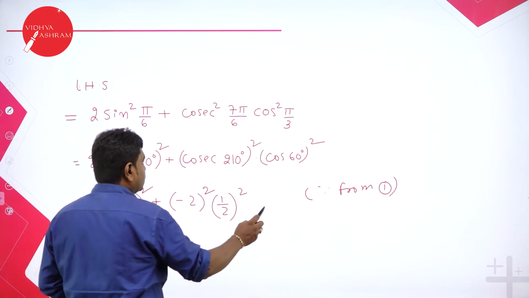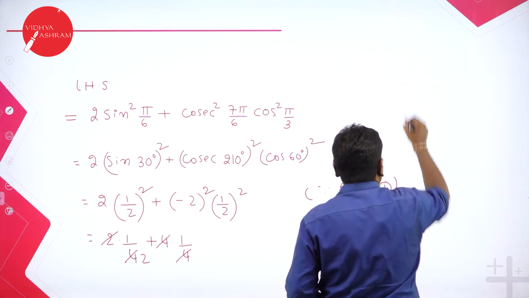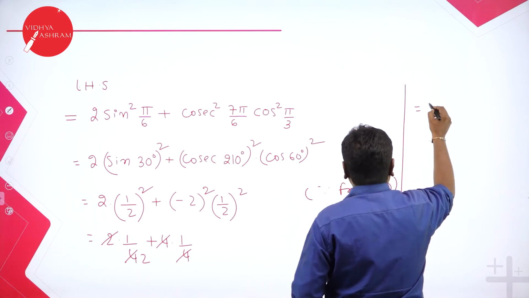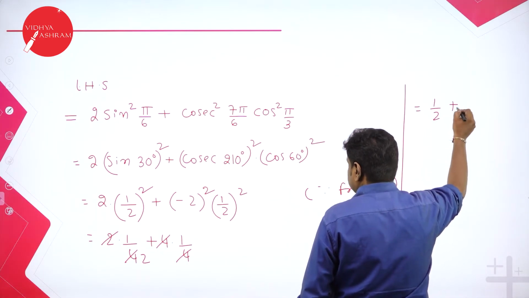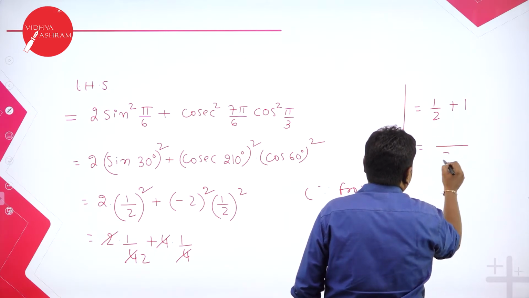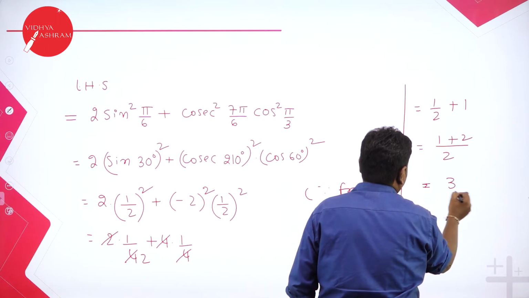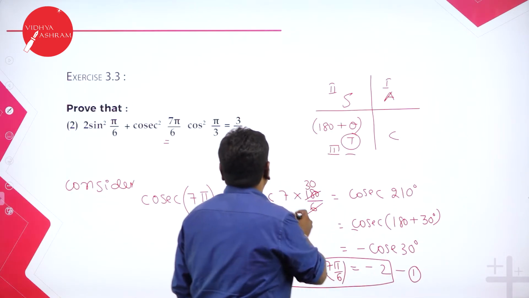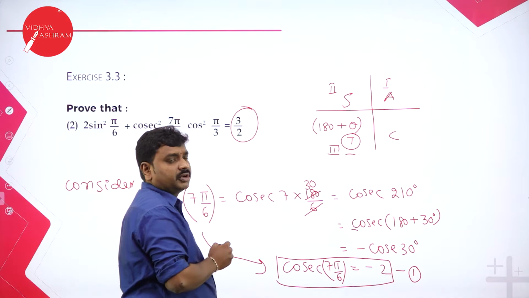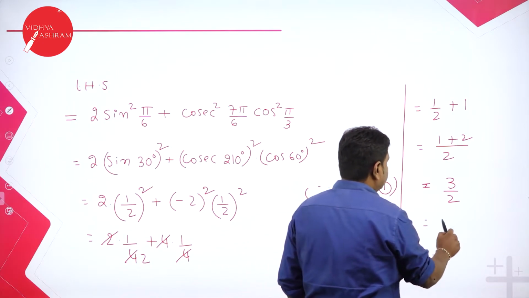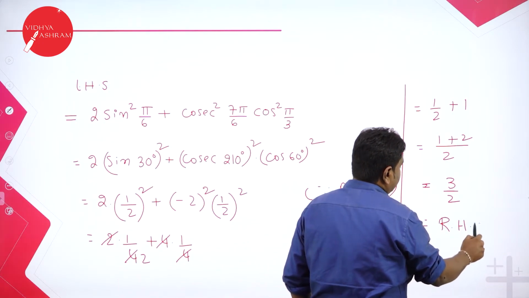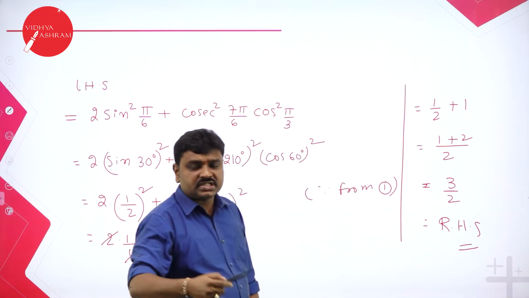So what is left now is 1 by 2 plus 1. Take LCM, 1 plus 2, it is 3 by 2. So we get 3 by 2. Check whether it is the RHS. Yes, the RHS we need to get is 3 by 2, and we got 3 by 2. This is the RHS, hence the proof. Take LHS, arrive at RHS.